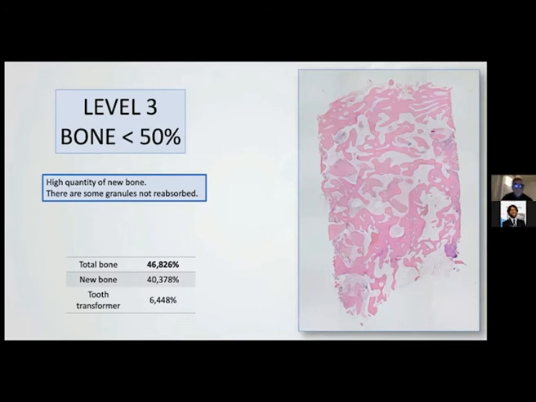In this case, we have 40% new bone and only 6% dentin. We can observe some granules like this, like this, like this, but most of the granules are completely resorbed.